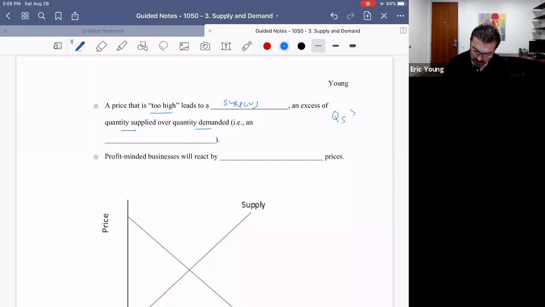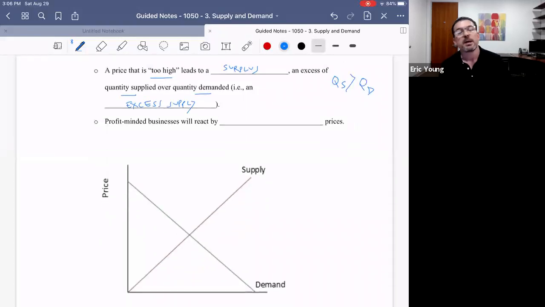So a surplus occurs when quantity supplied exceeds quantity demanded, or we'll call this excess supply. Now you have to think from the point of view of a business, excess supply is not a good thing. Businesses don't make money by letting stuff sit on shelves. They have to sell it.